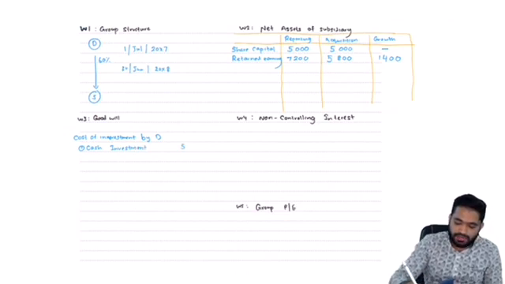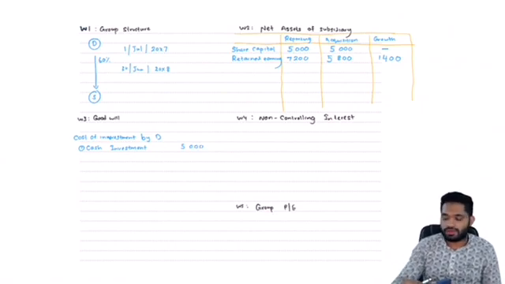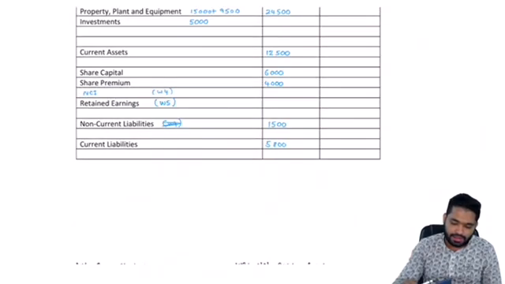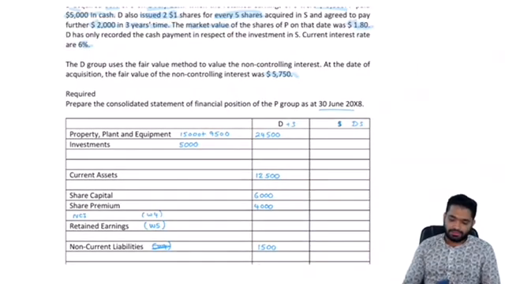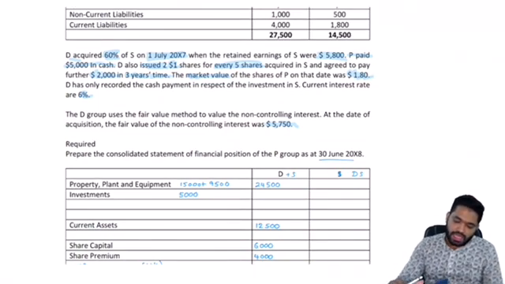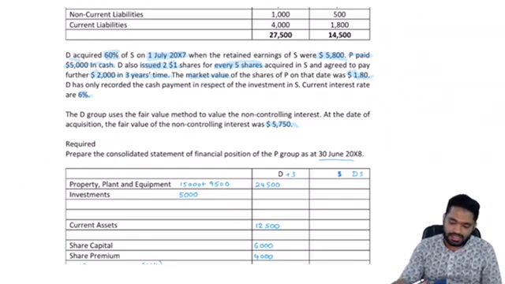The cash investment was $5,000. And then they also issued two $1 shares for every 5 shares held in S and agreed to pay a further 2,000 in 3 years' time.